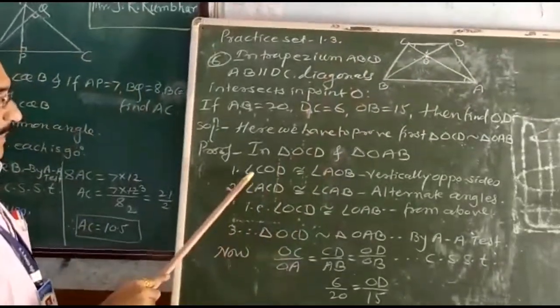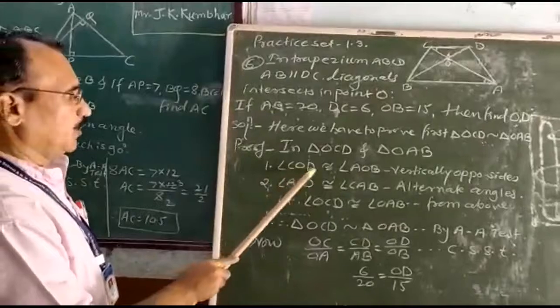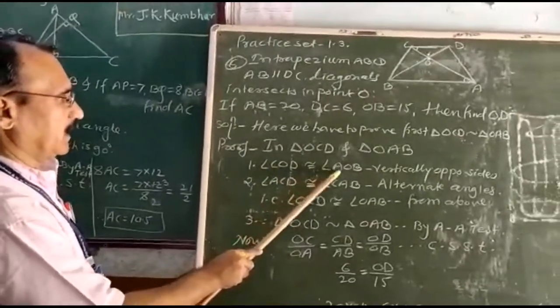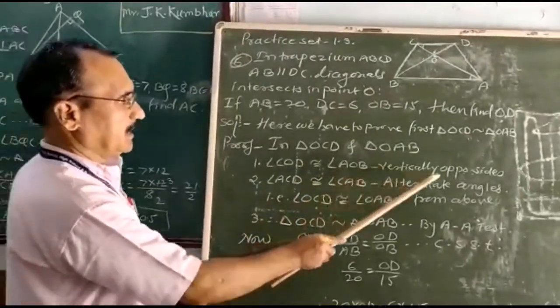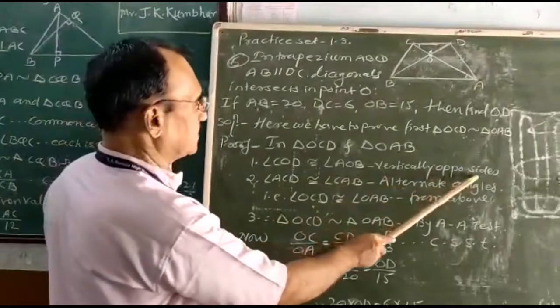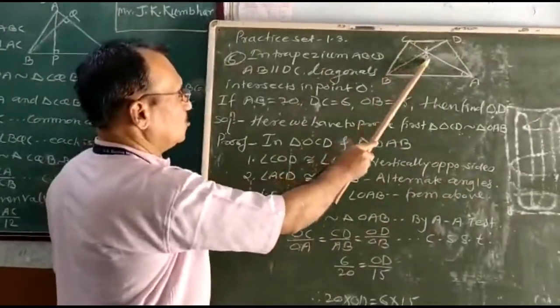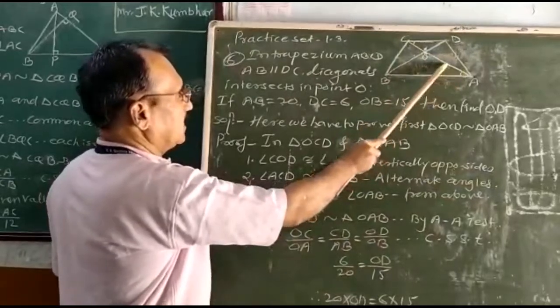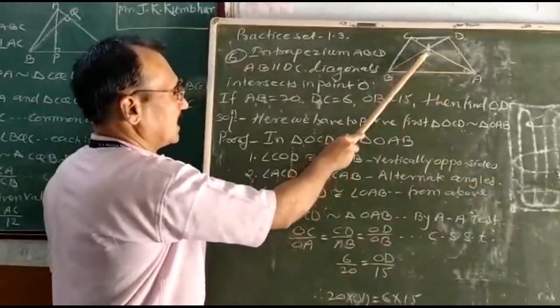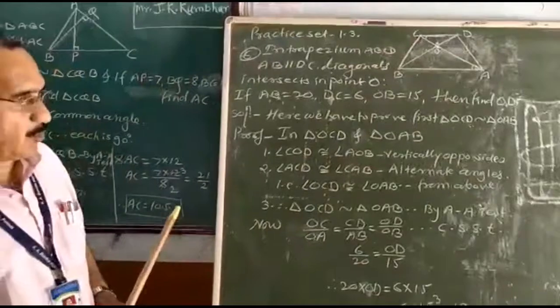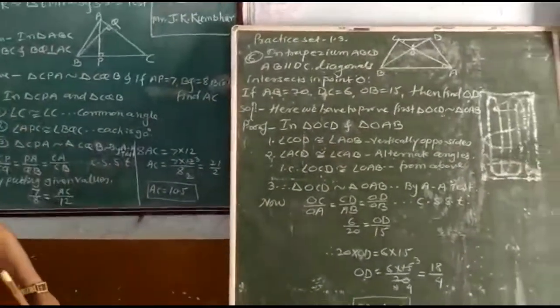See here again, angle COD is congruent to angle AOB, vertically opposite angles. Angle COD and angle AOB are vertically opposite angles.